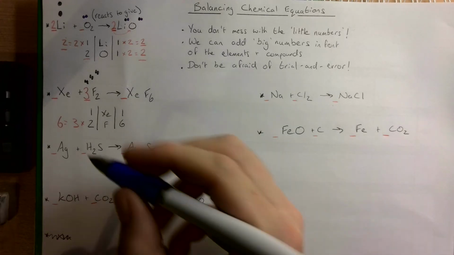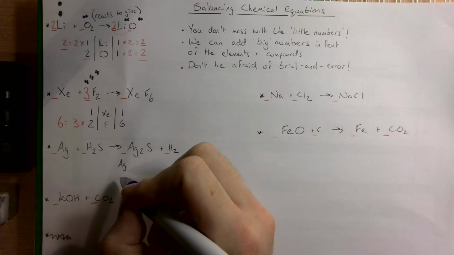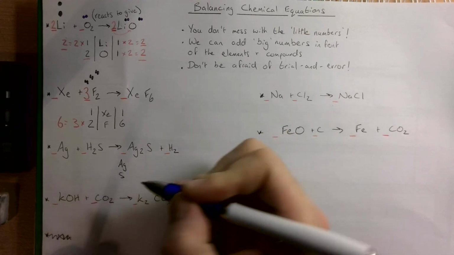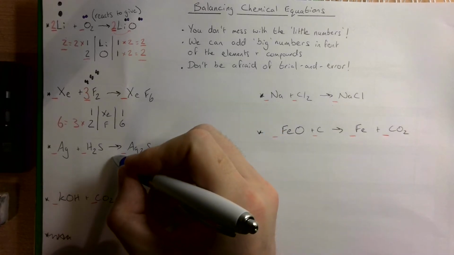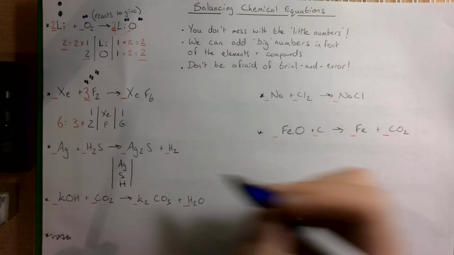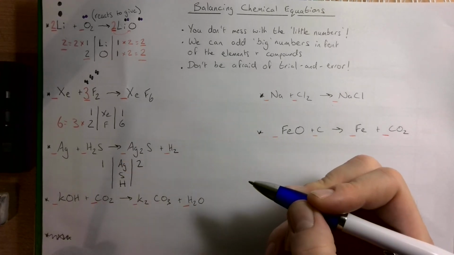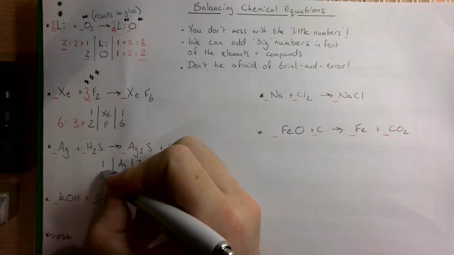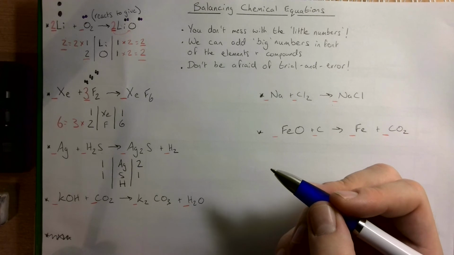Okay, welcome back. So we have got Ag, which is silver, we have got sulfur, and we have got hydrogen as well. On the left we've got 1 silver, and on the right we've got 2 silver. On the left we've got 1 sulfur, and on the right we've got 1 sulfur as well.